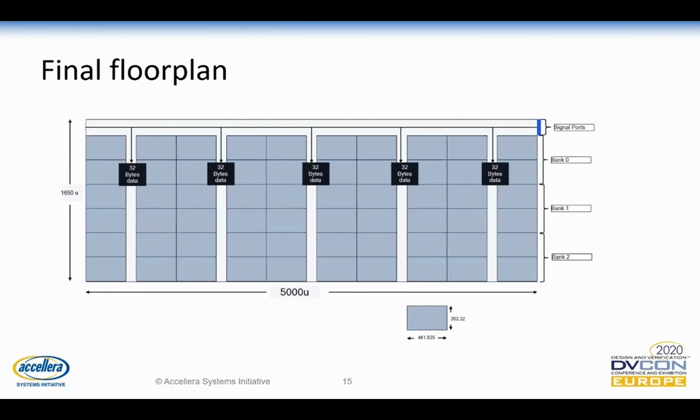So if you do your mathematics for 60 instances placed here, along with the channel space and interface logic space, you will still be able to fit into the aspect ratio of the block. And you can also see we can neatly arrange the memory instances in a way that the 160 bytes can go into these memories.